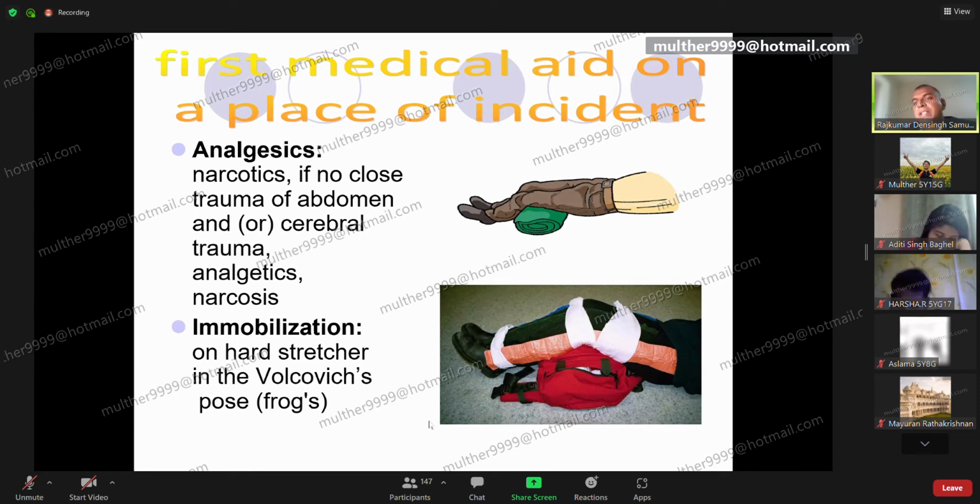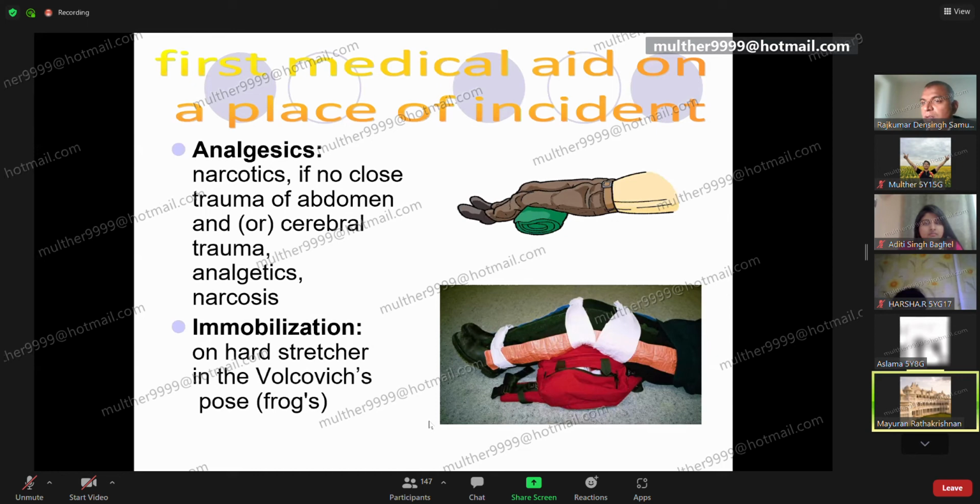When the patient's blood pressure is dropping and the heart rate is increasing, what will you do? What is the anti-shock measure we give to the patient? The patient has unstable hemodynamics. First, infusion therapy: IV canalization, and we start our infusion therapy.